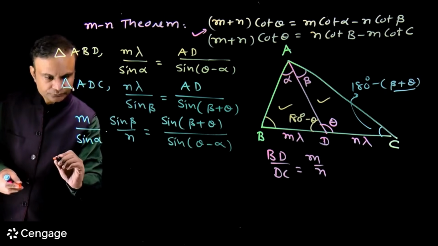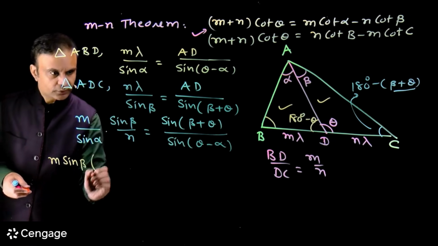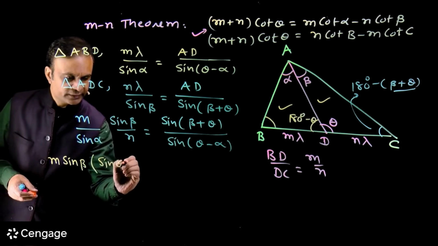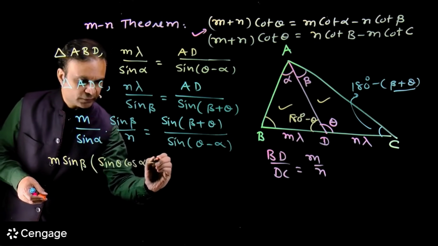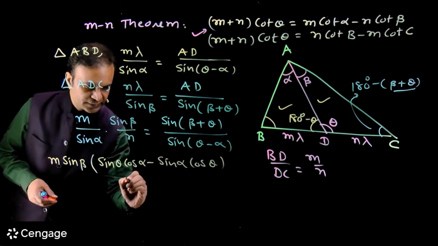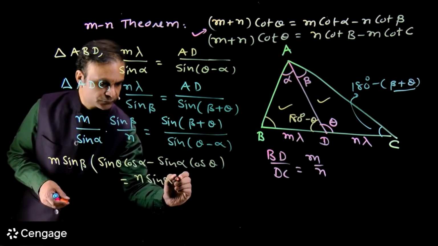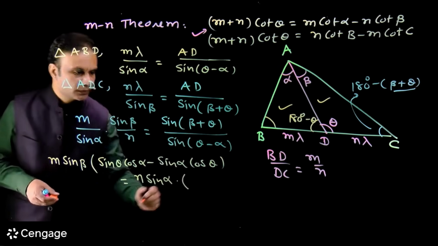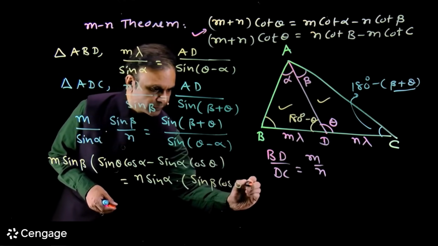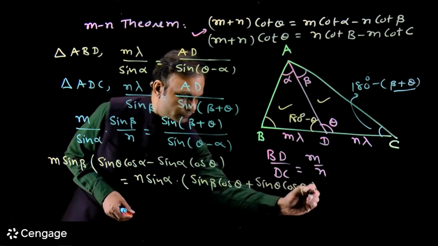We have m sine beta multiplied by, we expand sine (theta minus alpha), sine theta cos alpha minus sine alpha cos theta. This is equal to n sine alpha multiplied by, we expand this, sine beta cos theta plus sine theta cos beta.